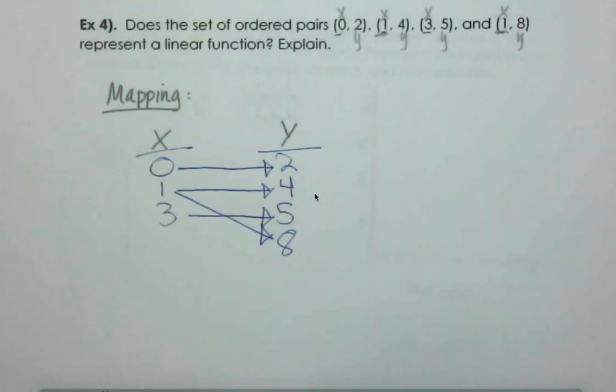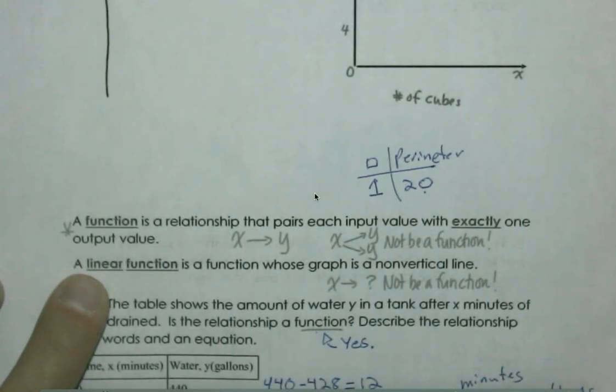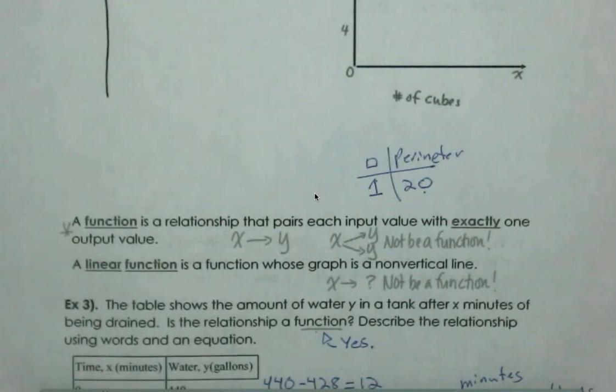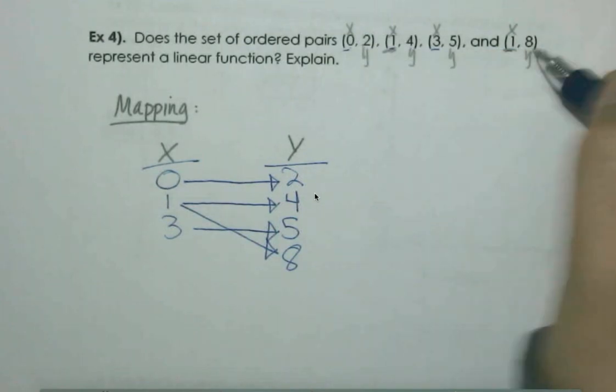And so if we look back at the definition for what a function is exactly, this is saying that each input value has one output value. So each input has one output. So in this case, do we see any x values that have two lines going away from it? Or do we see any repetitive x values here?